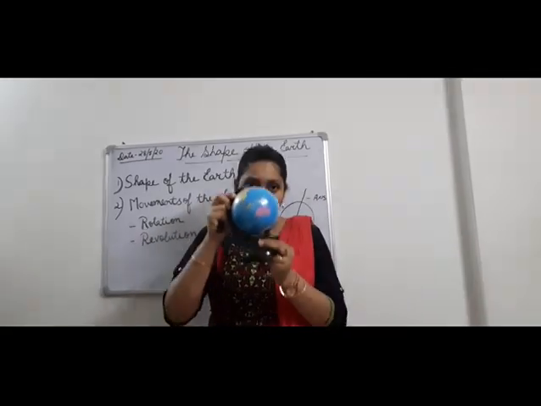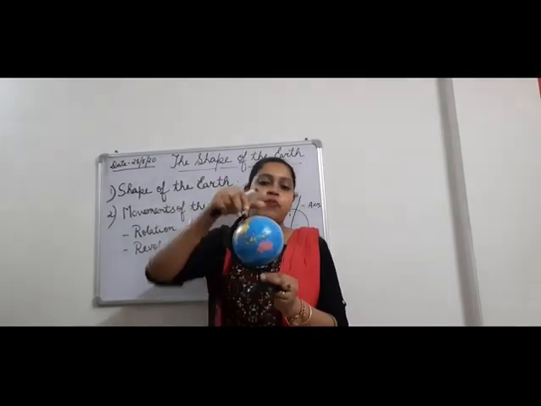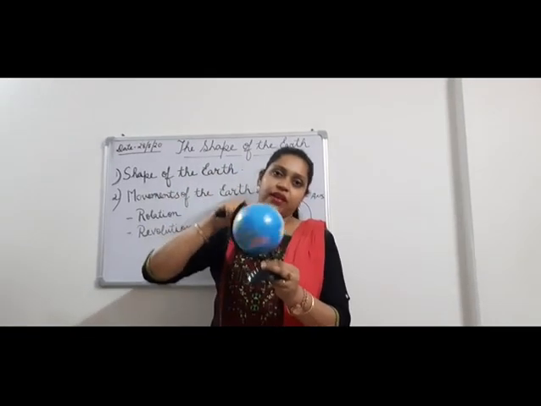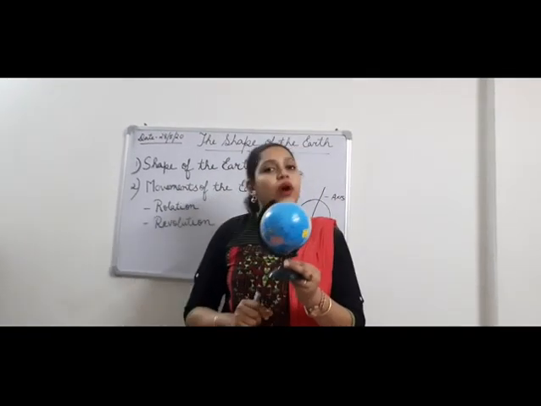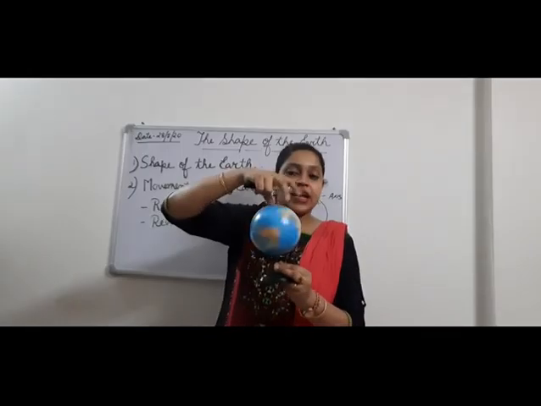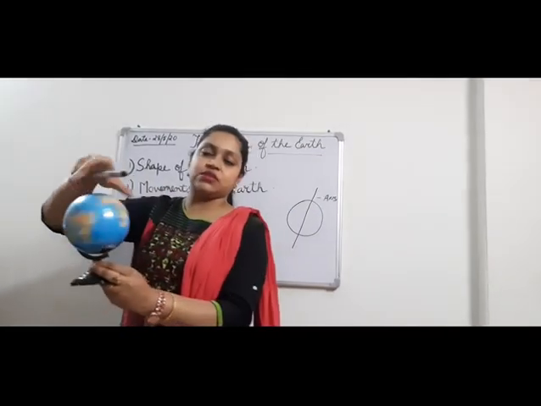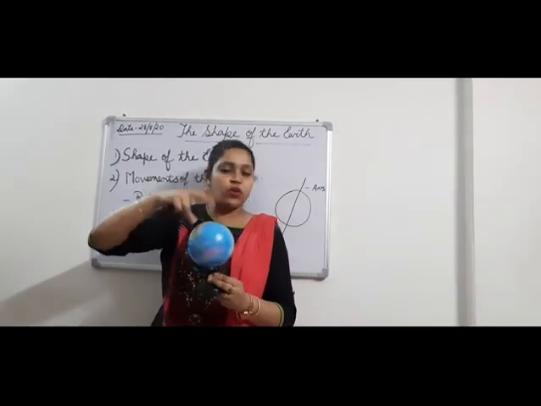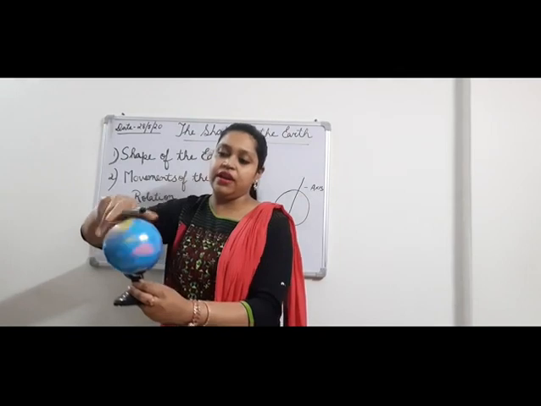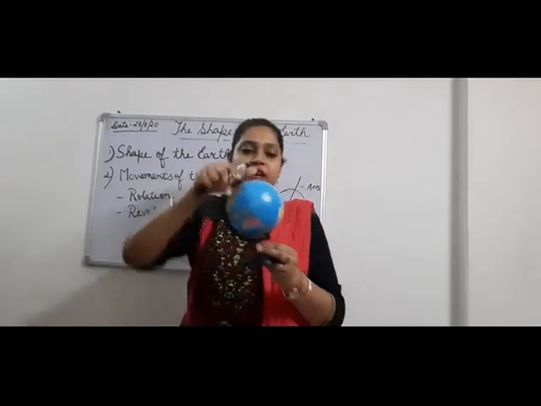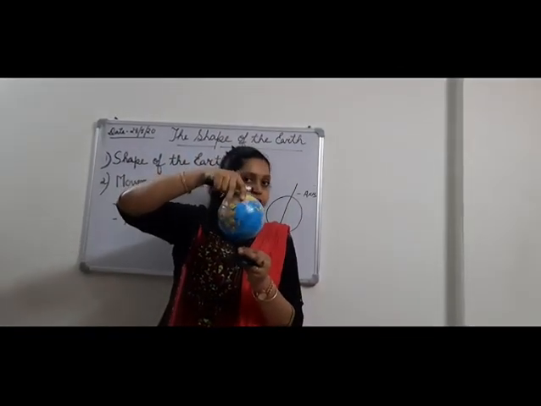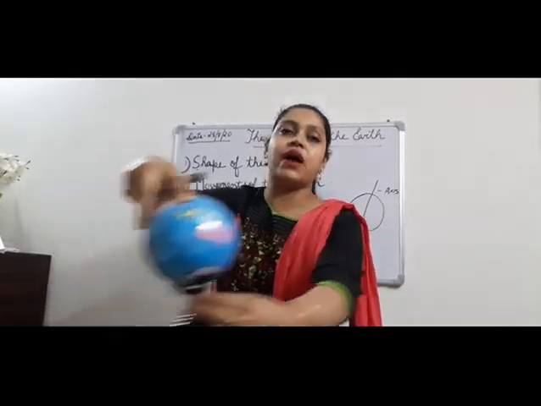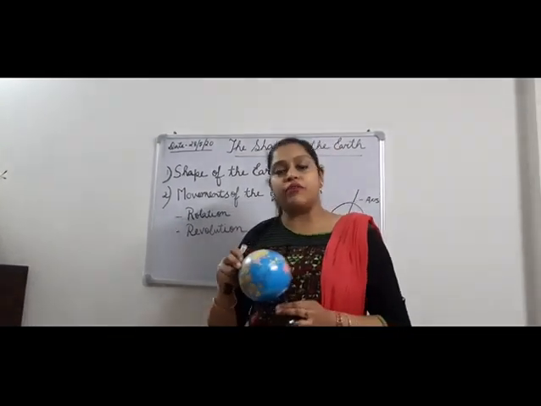The earth remains in position and moves on the axis in this way. This is called rotation. And what is revolution? While rotating, it goes round the sun also. It will rotate, and simultaneously it will revolve. This is called revolution. Rotation is the movement of the earth on its axis, and while rotating, it goes round the sun, and this is called revolution.